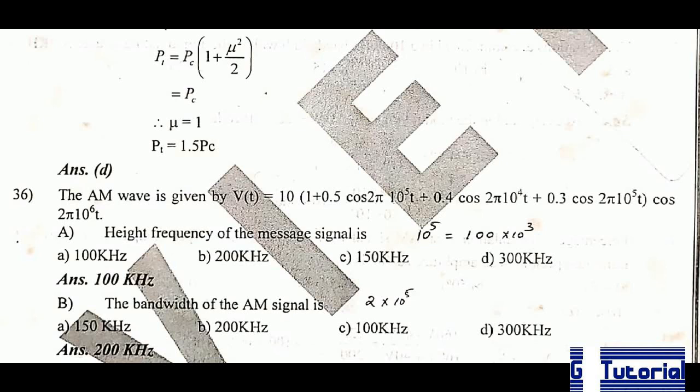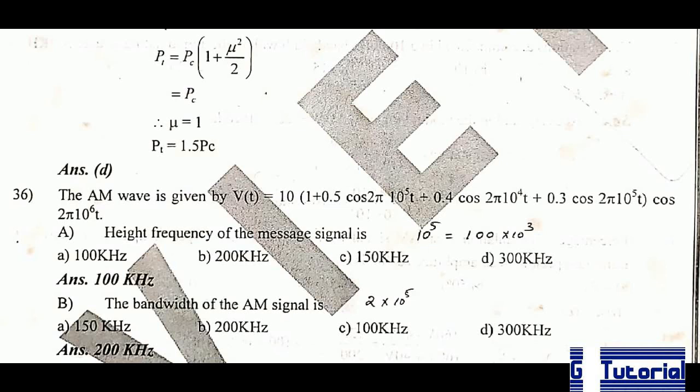The highest frequency present here is 10 raised to 5, but it is not given in the option. Let us represent it in terms of kilohertz. That is 100 kilohertz, the highest frequency of the message signal.